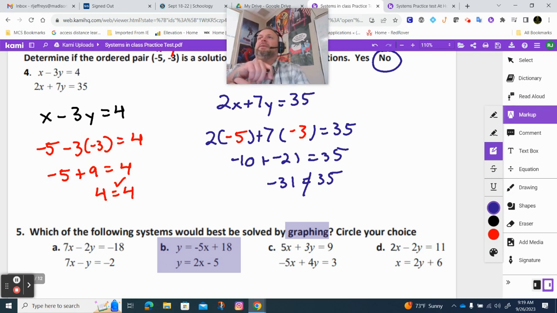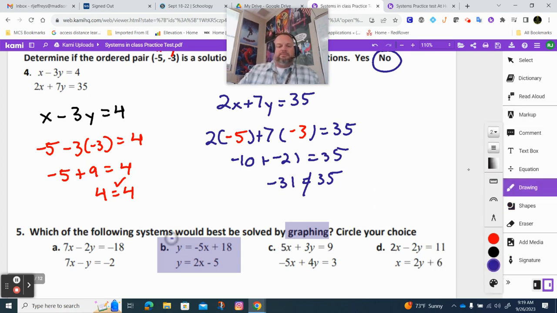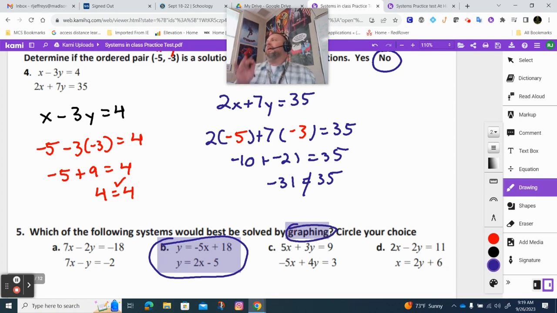Okay. Now I know I highlighted, but I mean, it's the blatantly obvious one, at first glance. Now, at first glance, yes, I'm going to say that's graphing.